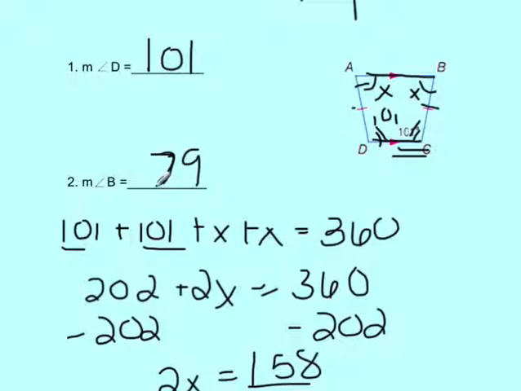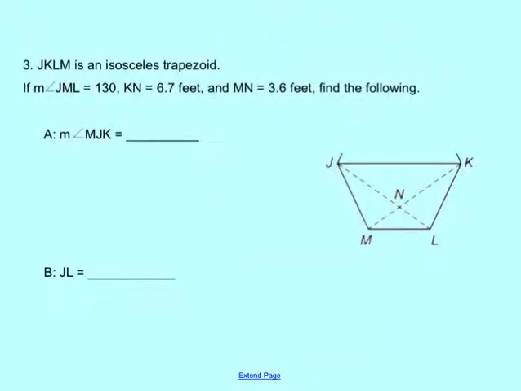Now let's take a look at some more properties with the trapezoids. It gives us that JKLM is an isosceles trapezoid. So if the measure of angle JML is 130, and KN, I'm sorry, KN, this segment right here, is 6.7.